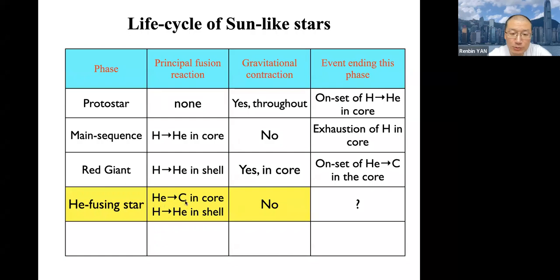You have helium fusion into carbon in the core, and you have hydrogen fusion into helium in a shell around the core. So you accumulate carbon in the core, and the hydrogen fusion in a shell just contributes more helium to the core.